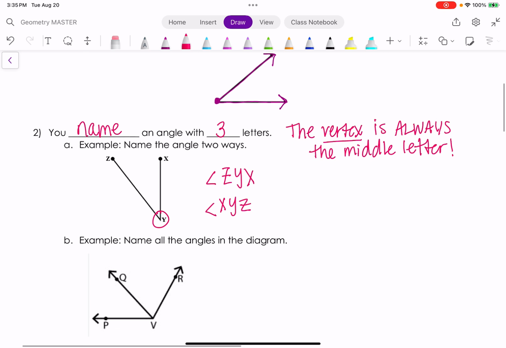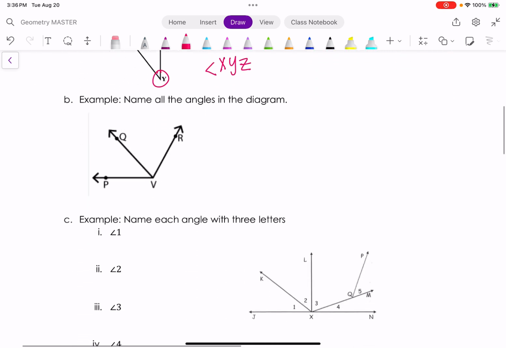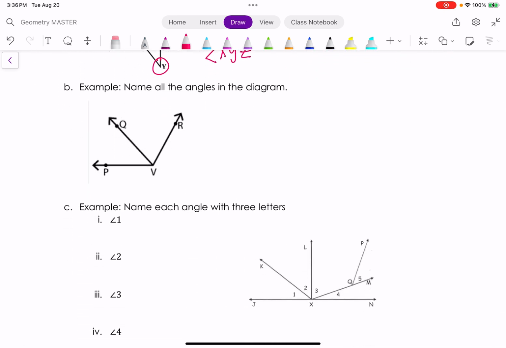Now, it wants us to name all of the angles in example B right here, all the different angles. I could name this angle right here, and I can name it 2 ways, correct? It could be angle PVQ or angle QVP. But the important thing is that V is in the middle.